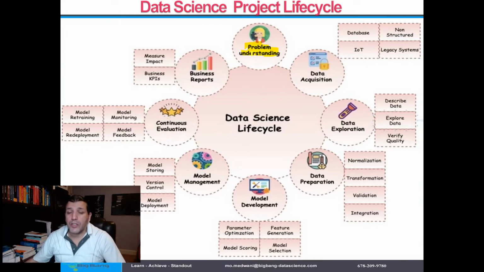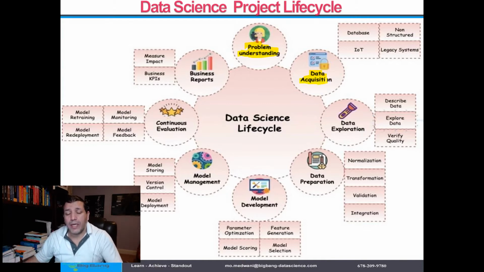So once you have a clear understanding of the problem, then of course we are going to acquire the data. And again, data science is all about data, all about torturing the data until it confesses to something meaningful to help the management make better decisions. So we need to acquire the data.